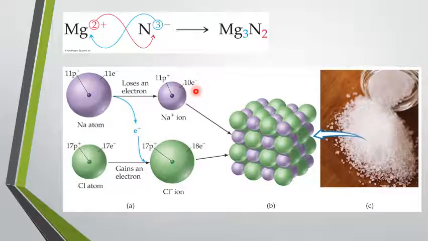So when we lose that electron, it becomes positive. That electron gets taken by chlorine. Chlorine gains that extra electron, so now it's 1 more than its protons, and it becomes negative. So now they have these negative and positive ions, and they can become attracted to each other. So we get our chlorine attracted to a sodium.